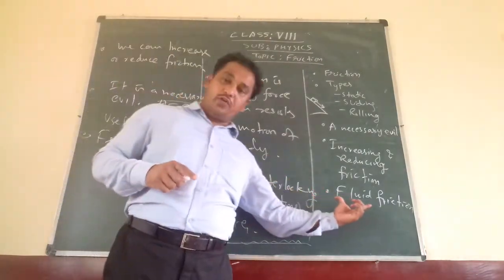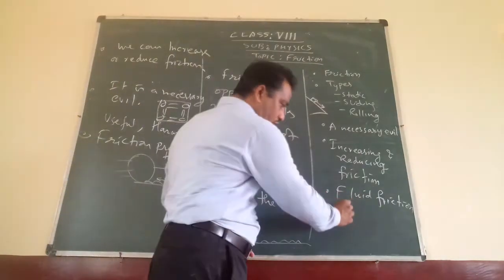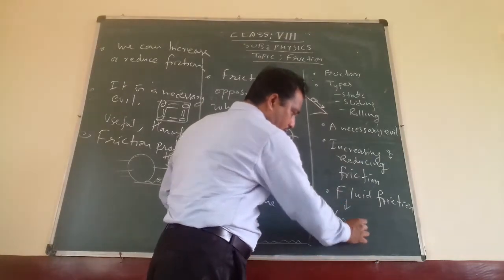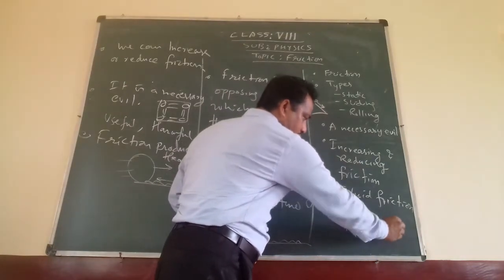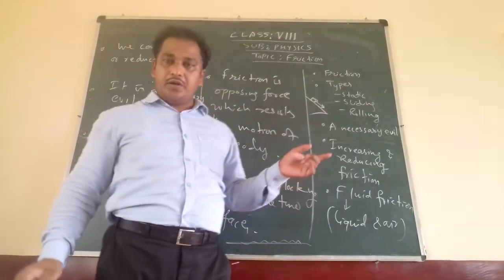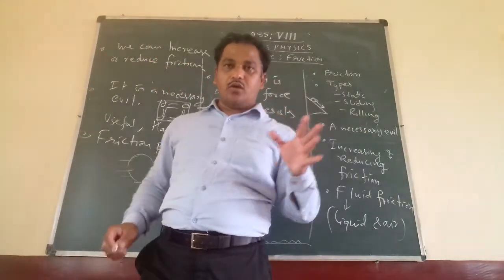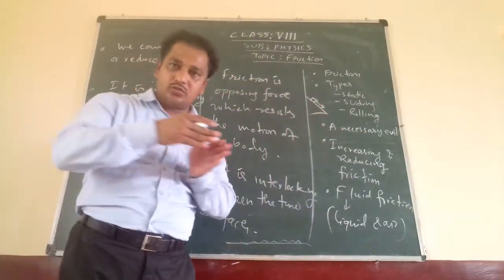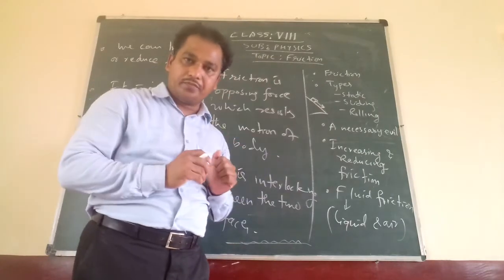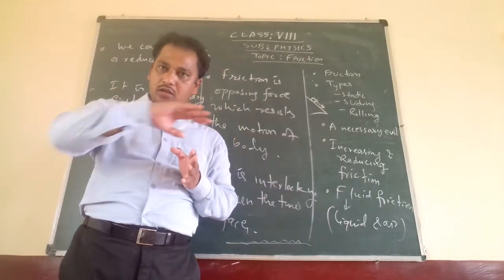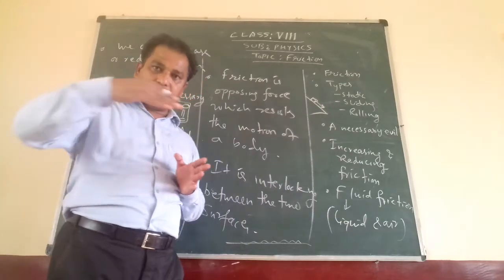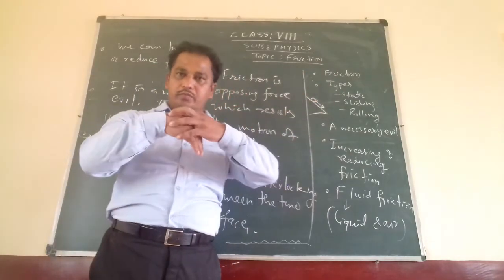And what do you mean by fluid friction? Fluid is the term used for liquid or air. Both are termed fluids. Water is a fluid, air is a fluid. The body of a fish is streamlined so that it swims easily in water. It has a smooth surface which moves easily in the water without being interlocked.